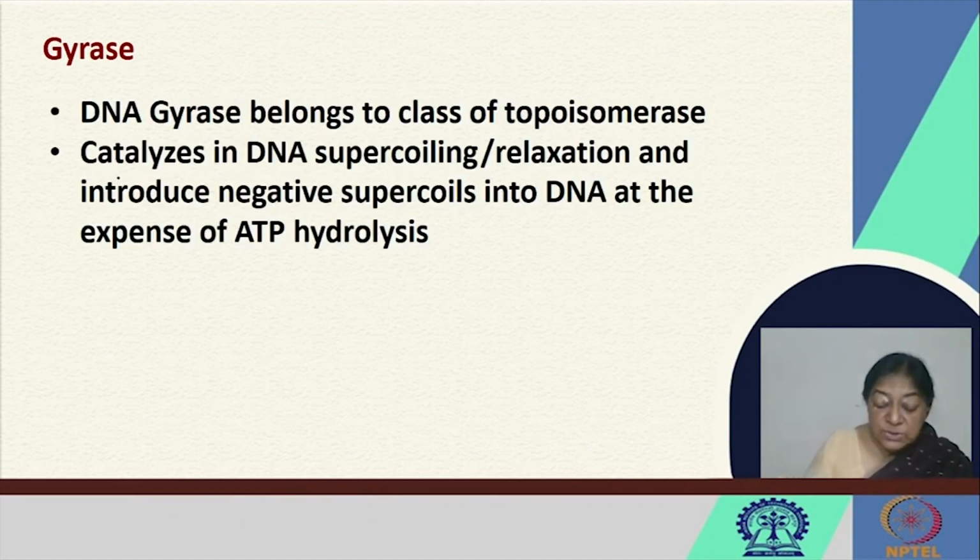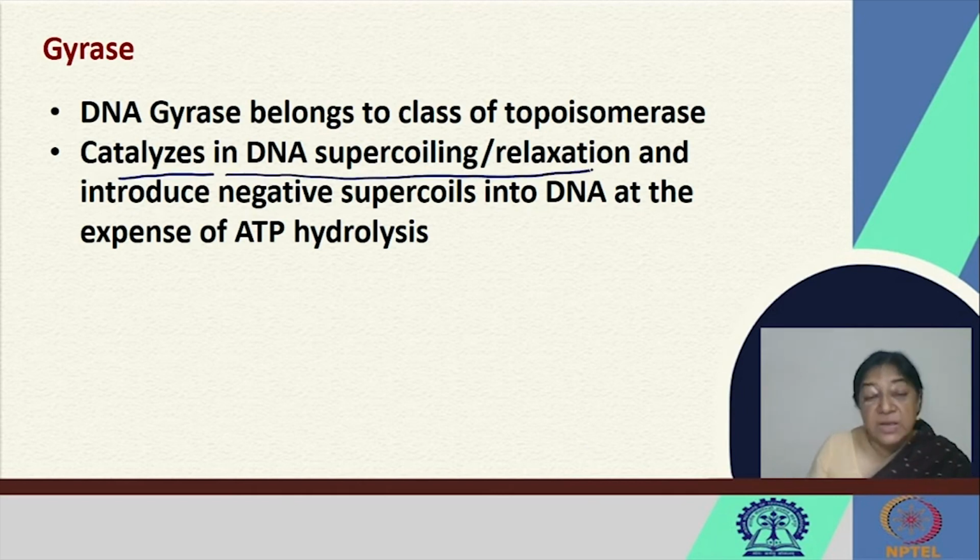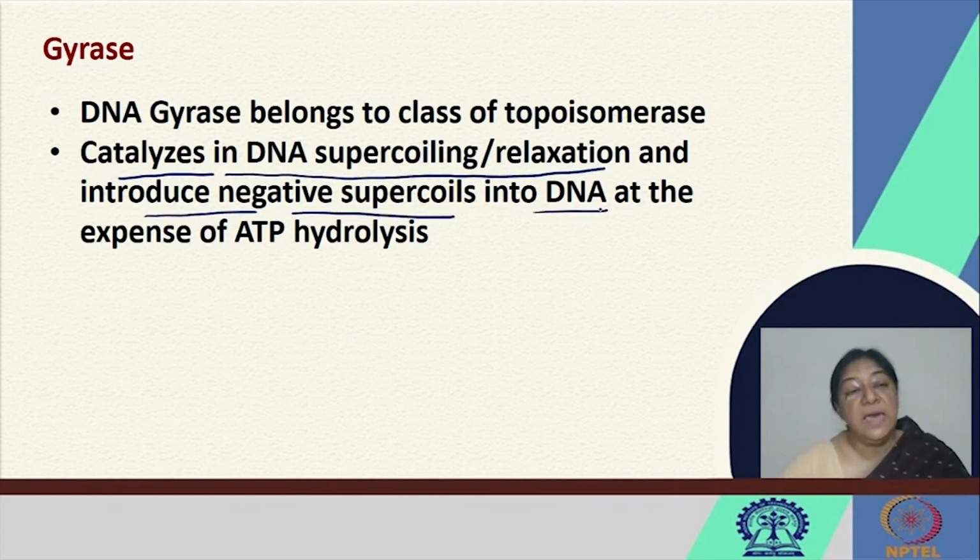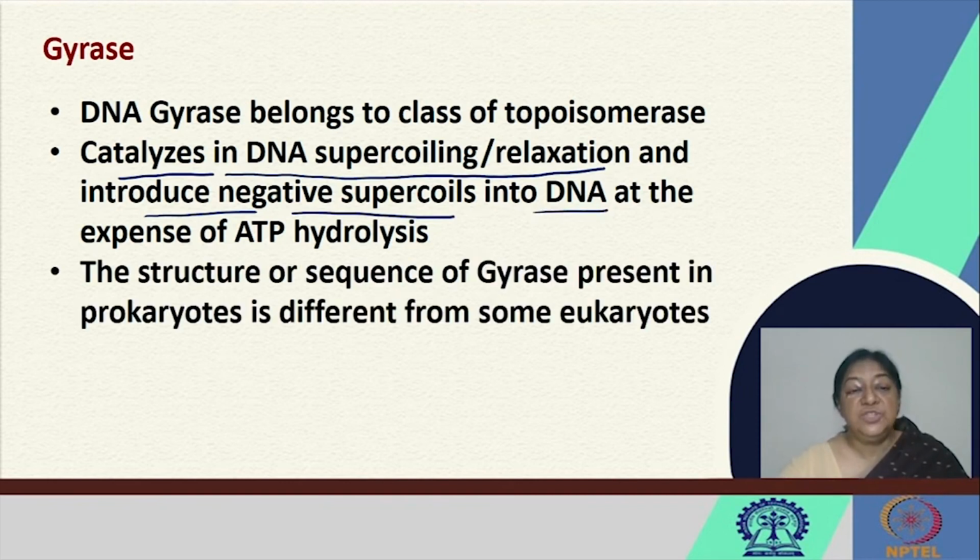Here, as we looked at in the previous slide, it catalyzes DNA supercoil relaxation, and it introduces negative supercoils into the DNA, again at the expense of ATP hydrolysis. The structure of the sequences of the gyrase proteins present in the prokaryotes are different than those in the eukaryotes.